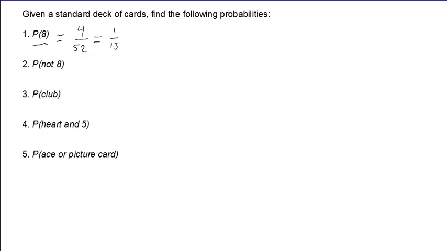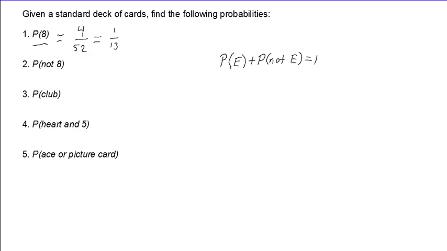The property I'm going to take advantage of is that the probability of an event happening plus the probability that event does not happen is equal to 1. I have taken into account everything that can happen. Either an event happens or it doesn't happen, and that happens with 100% certainty.